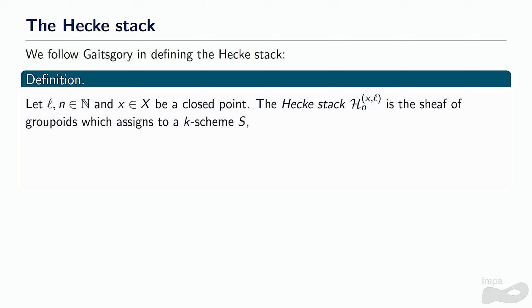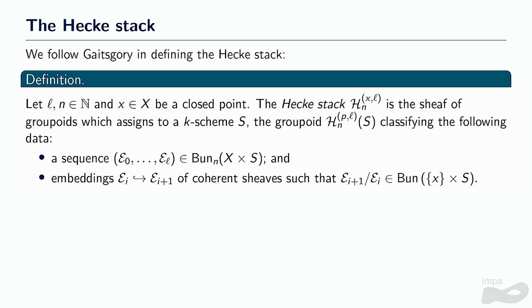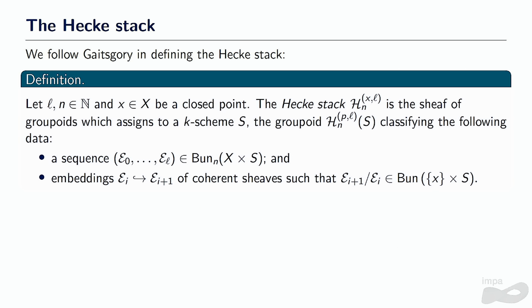We're going to define the Hecke stack as a sheaf of groupoids, which sends a K-scheme S to the groupoid parameterizing the following data: a sequence of vector bundles on X times S, and embeddings of E_i in E_{i+1}, with the condition that the quotient is a vector bundle on the point times S. Before I generalize, let me make a remark here.